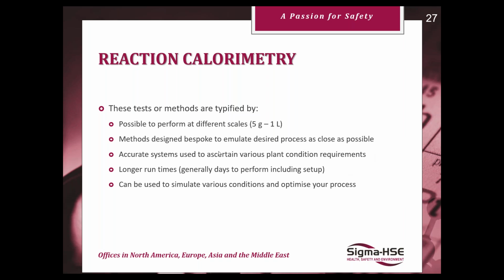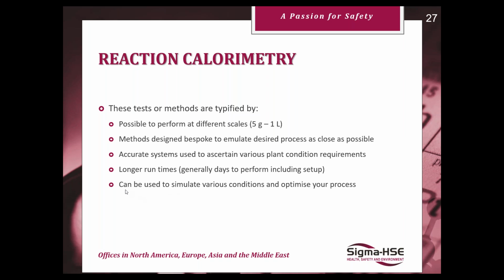They are very accurate systems used to ascertain various plant condition requirements. These can be used for dosing rates, stirring requirements, all sorts of different parameters for reactions. And these can also be typified by longer run times, and can take a couple of days or more depending on the reaction.